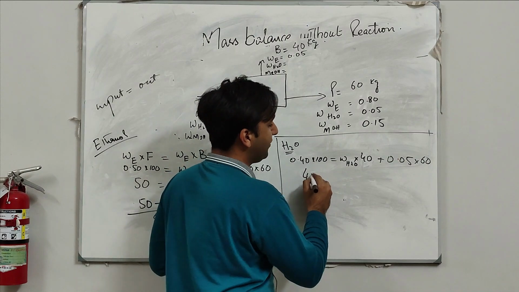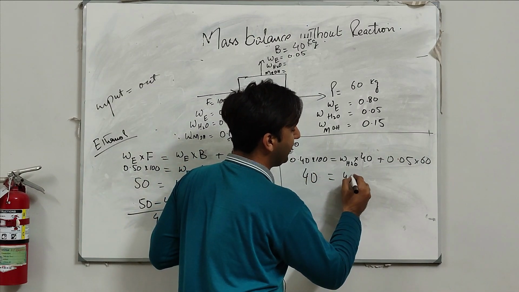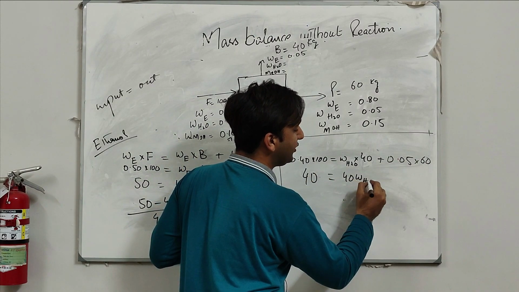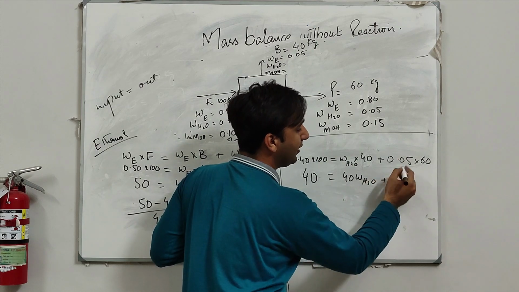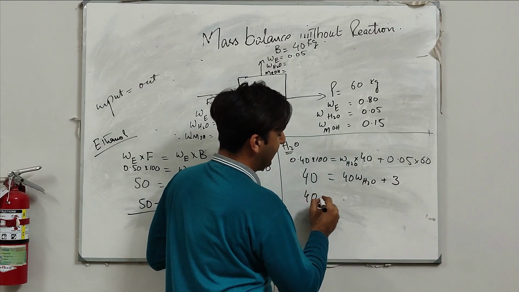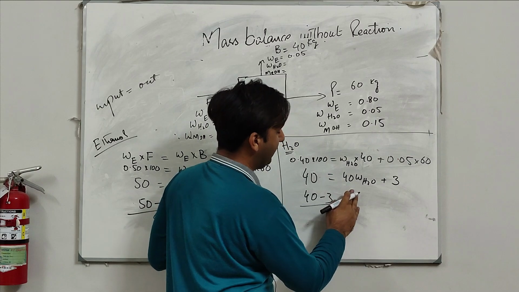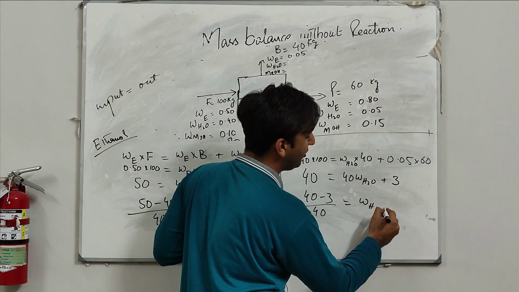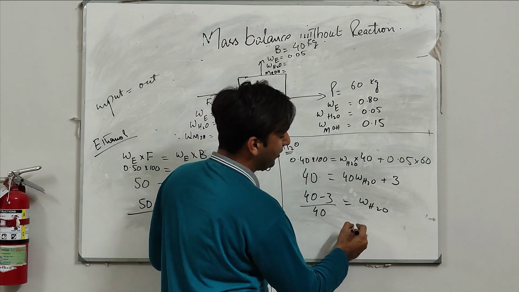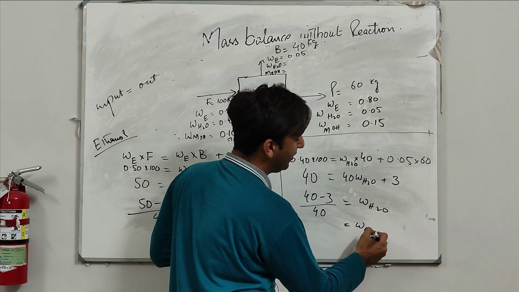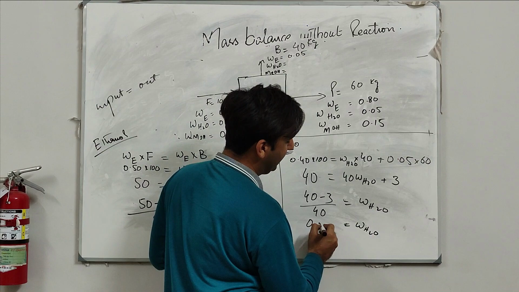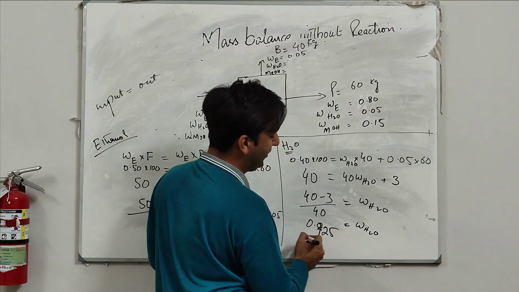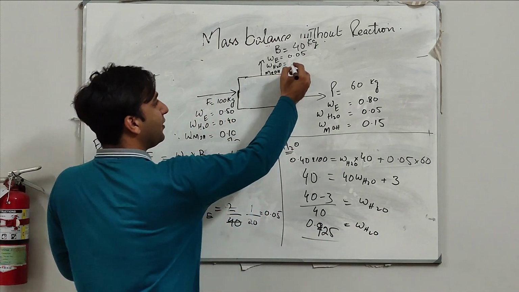So here is 40, here is 40 times weight fraction H2O, and here it will be 3. 40 minus 3 divided by 40 is equal to the weight fraction of H2O, and if you solve it, the weight fraction of water will be 0.925.